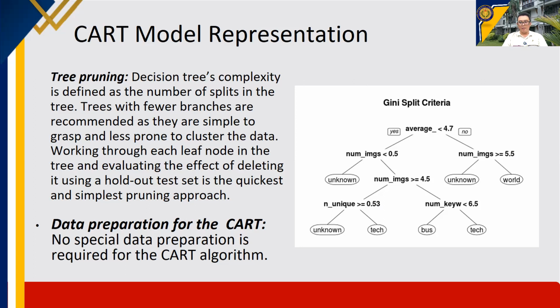And of course, the data representation for CART: there is no special data preparation required for the CART algorithm. So here's an example of a Gini split criteria, and so we were able to develop an example of a CART decision tree.